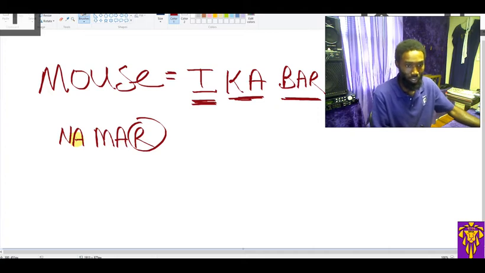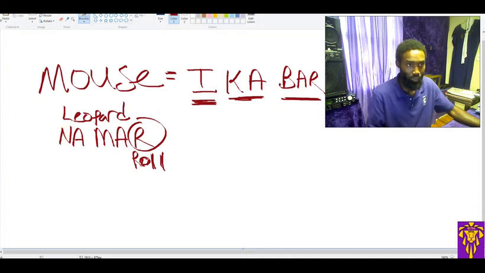But leopard is namar. Remember when we went over that in the Hebrew and we wrote it out? It's pronounced not namar, but namar, because you roll the R. Anytime you see an R in a certain word, you're going to roll it. So that's leopard. We went over that, right?